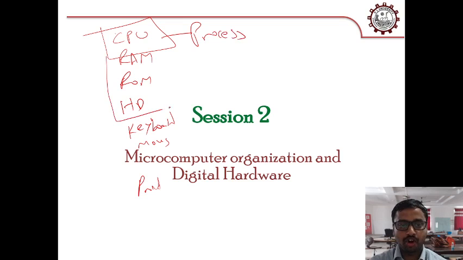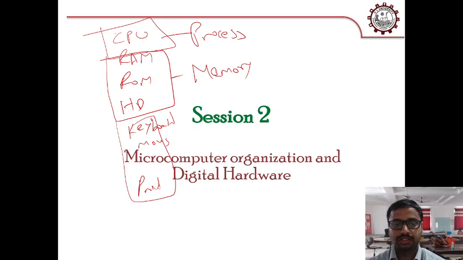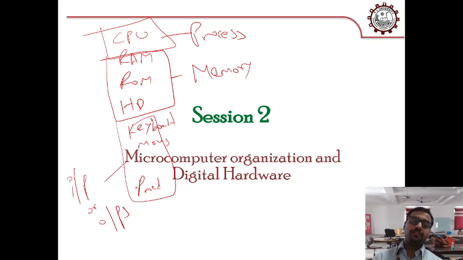Your RAM, ROM, and hard disk form the memory elements. And your keyboards and mouses form the inputs or outputs. That is the easiest way you can categorize everything in your computer.